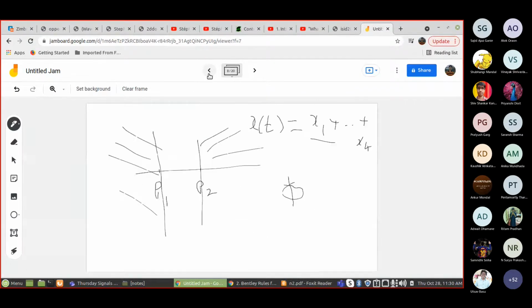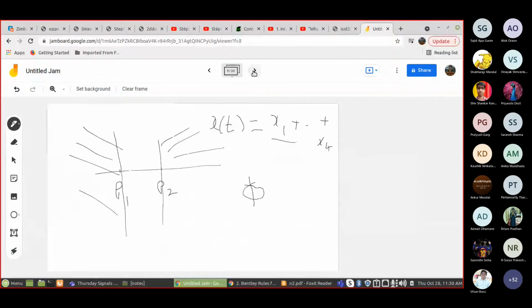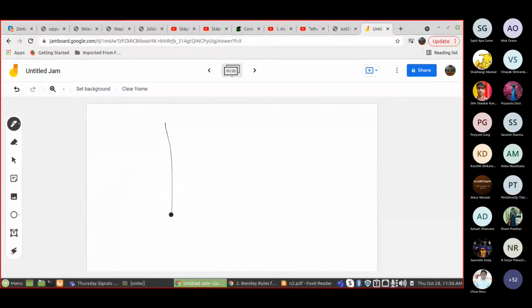So depending on where your poles are and whether your signal is causal or anti-causal, you have this half plane. You first locate where your pole is, and depending on whether your signal is causal or anti-causal, your ROC will be everything to the right of this or everything to the left of this. If there are no poles, then your Laplace transform converges everywhere.